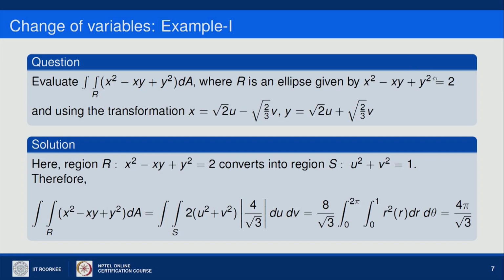So, the region inside this ellipse and on the boundary of this ellipse, using the transformation x equals square root 2 into u minus square root 2 by 3 into v, and y equals square root 2 u plus square root 2 by 3 into v.